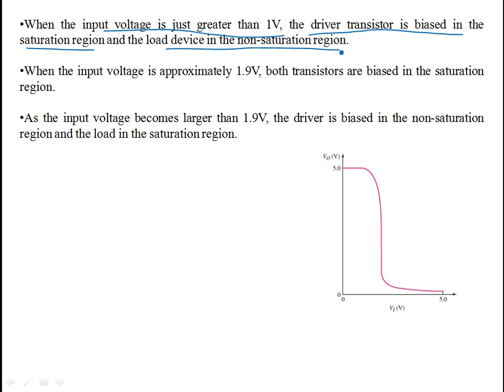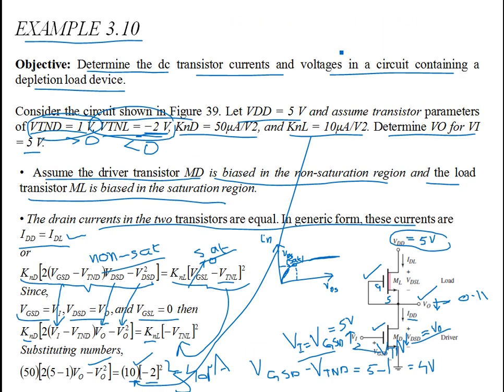So around 1 volt, which is a small input voltage around threshold, the current is small, so the drop is small across VDSL, and you're going to have a large V naught.